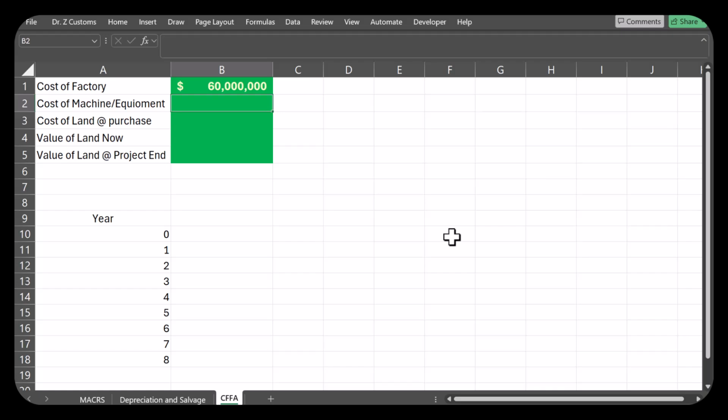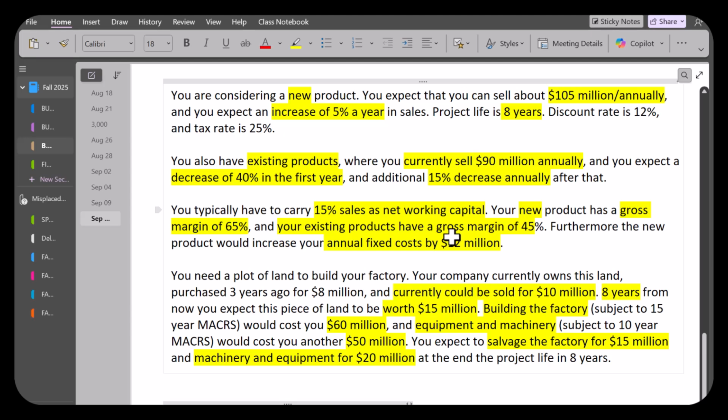Machinery equipment, we assume that's going to cost us 50. We purchased the land at 8 million. It's going to be worth 10 now. And we assumed it's going to be worth 15. Let's just check.